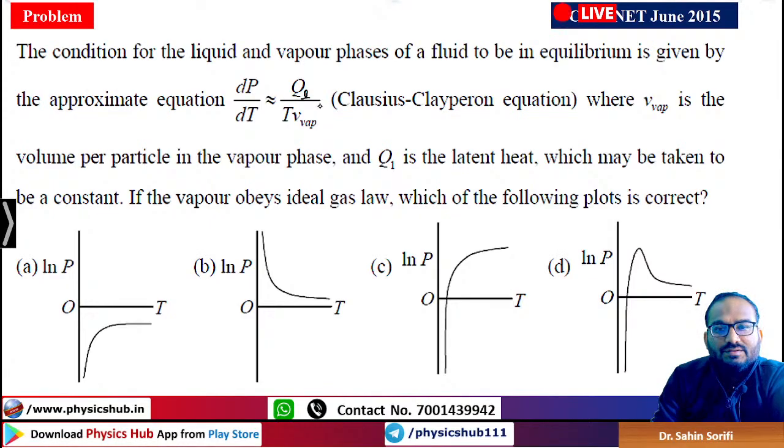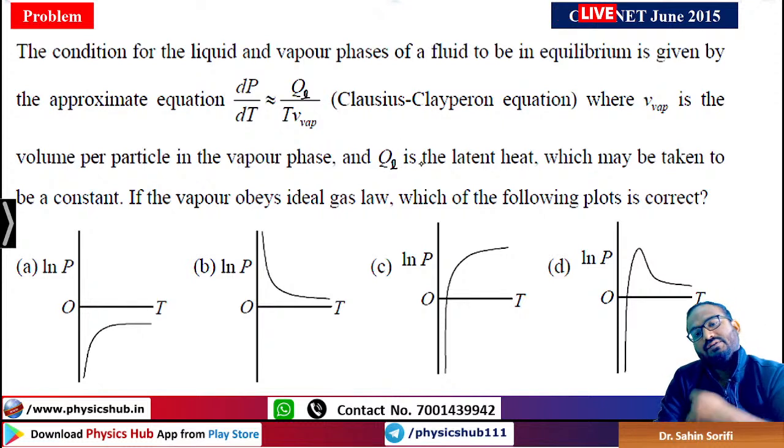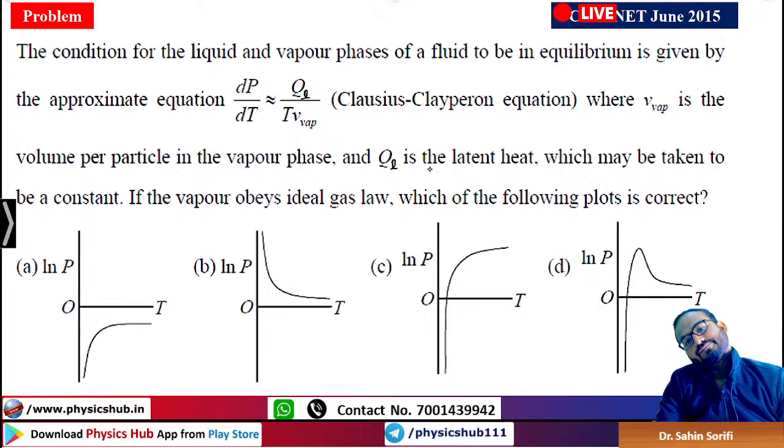Don't you think Q is equal to mL? V is the volume per particle in the vapor phase, and Q is the latent heat, which may be taken to be a constant. Don't you think a P is missing here? No, actually they did not put the value of V. Okay, QL by T V P, that is okay.